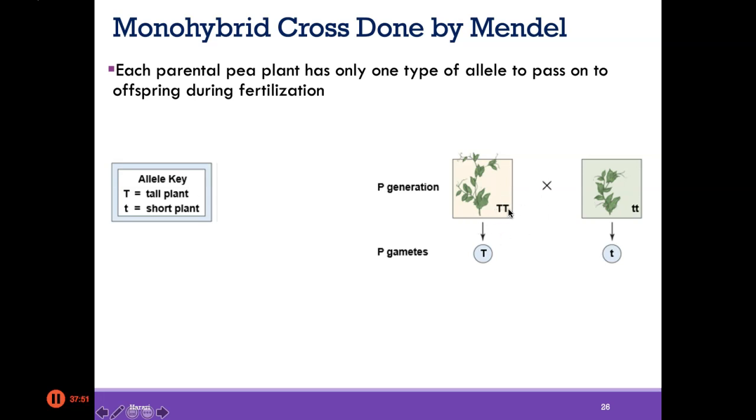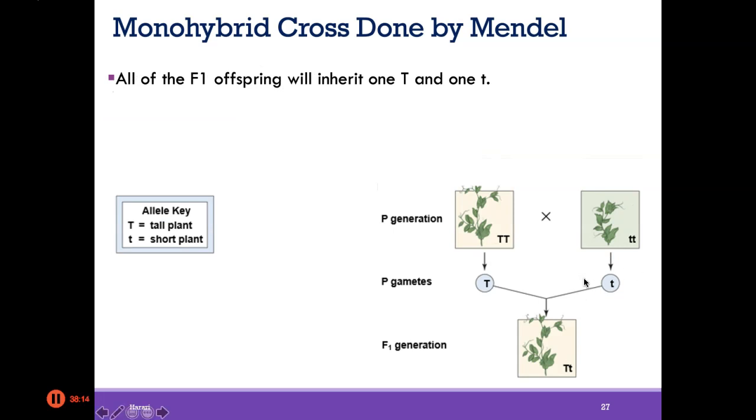This parent is big T. So therefore, the gamete has to be big T. Right? This is little t. The gamete it gives has to be little t. Therefore, what will the F1 genotypes be? If this can only give a big T, this can only give a little t, then what will the zygote have? Well, it would have to be big T, little t.